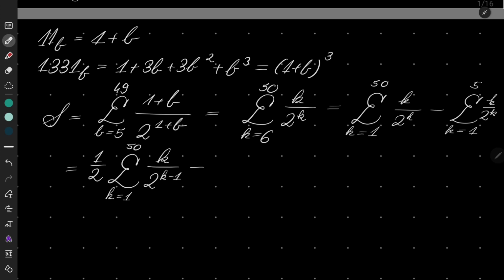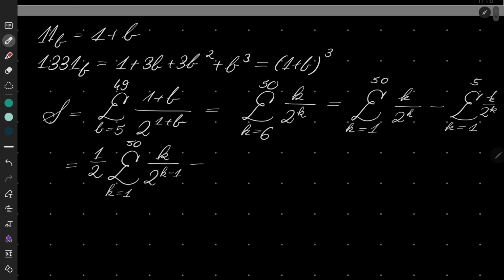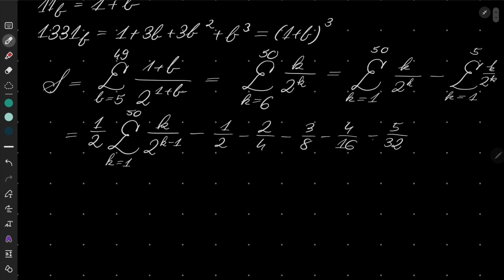And the second sum can be written out explicitly: 1 over 2 plus 2 over 4 plus 3 over 8 plus 4 over 16 plus 5 over 32. This second sum can be easily calculated by hand.